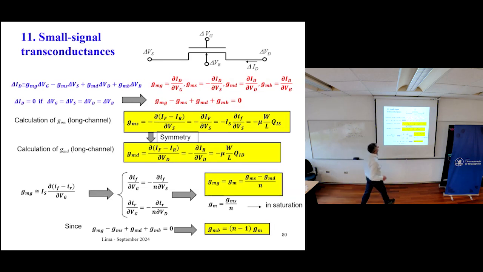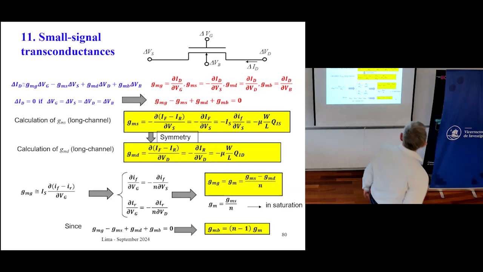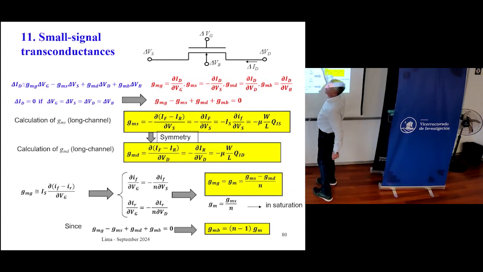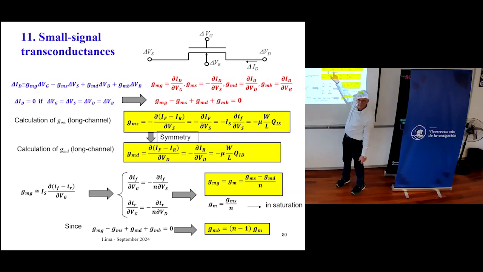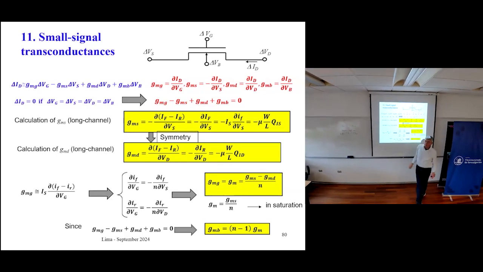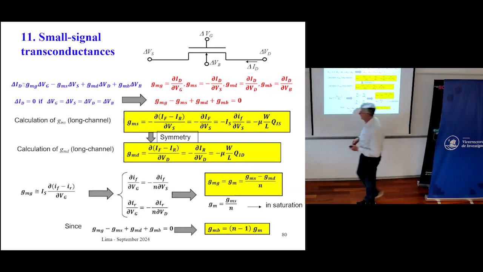IF is the current component which depends on the gate voltage and on the source voltage, and IR is the current component which depends on the gate voltage and the drain voltage. Therefore, I can remove IR from here because it doesn't depend on the source voltage. Then I can write this expression in terms of IF.